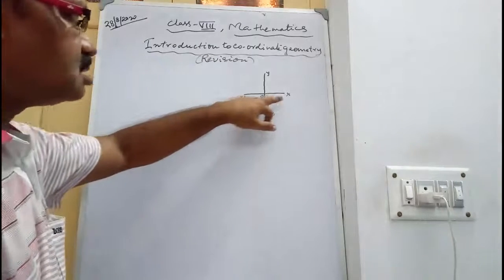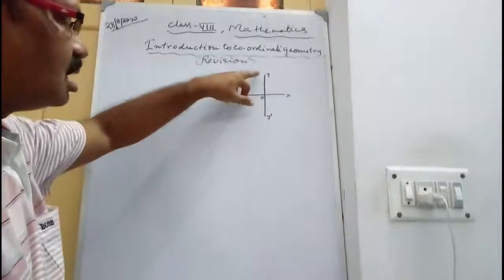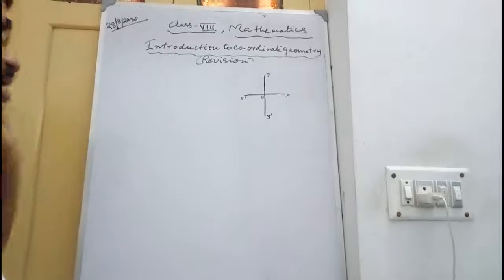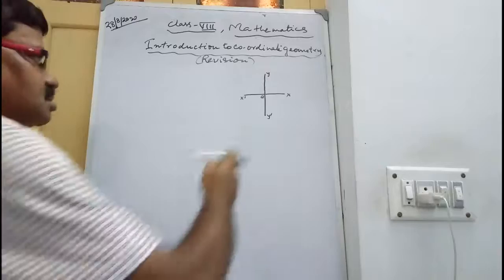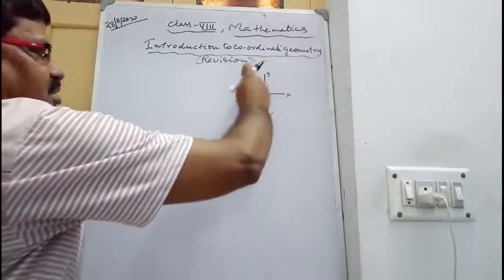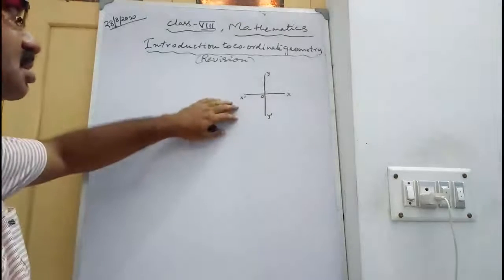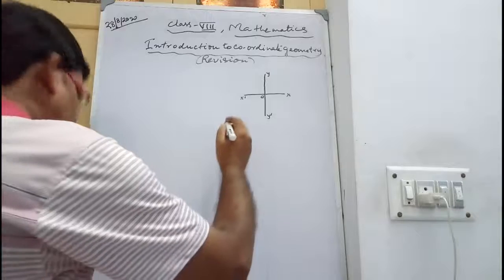This XOX dash is known as X axis, YOY dash is known as Y axis, and the total plane where both our axes lie, that plane is known as Cartesian plane.